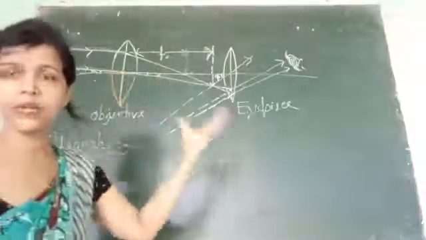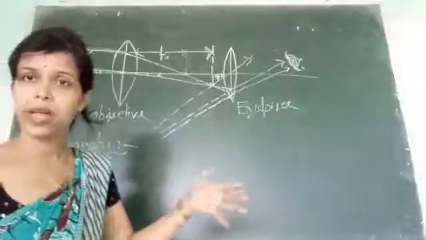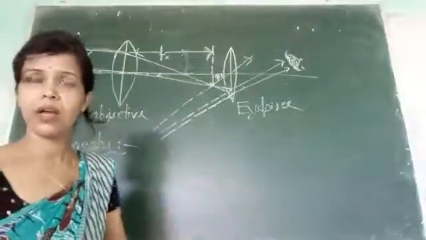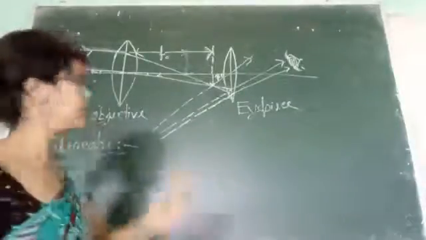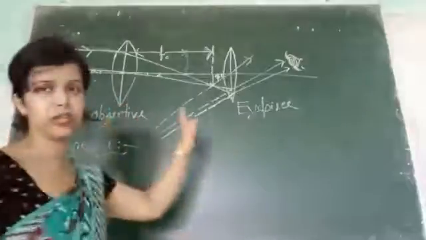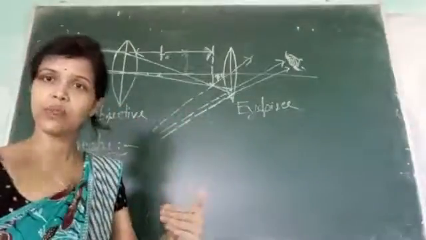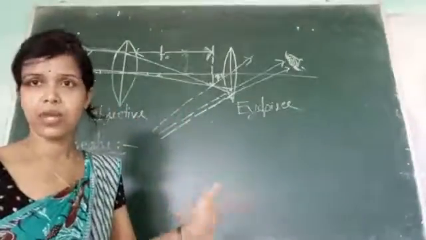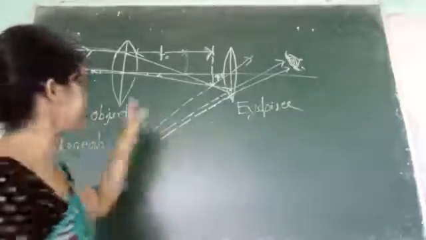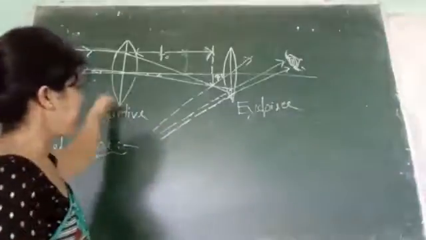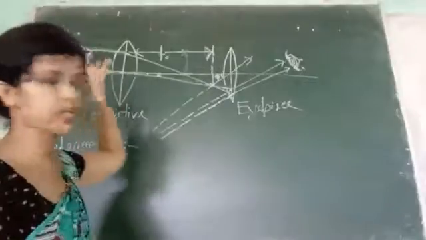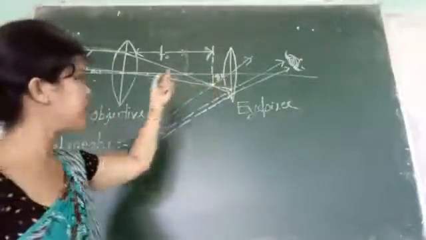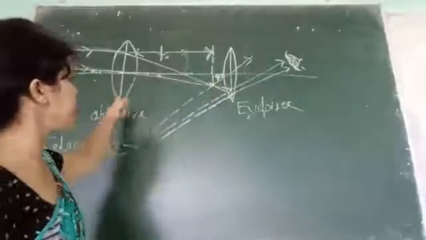Whenever rays come from a distant object, they are already parallel and are incident parallelly on the objective lens, and those rays will focus at the focal point of the convex lens.